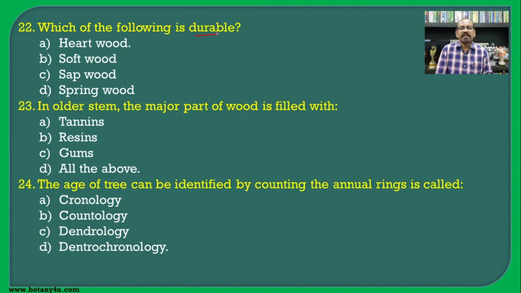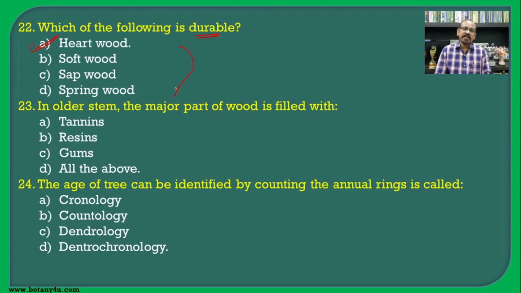Then, which of the following is durable? The heartwood is durable because it is filled with different components like tannin, resin and gums, and hence heartwood is the answer for this question.